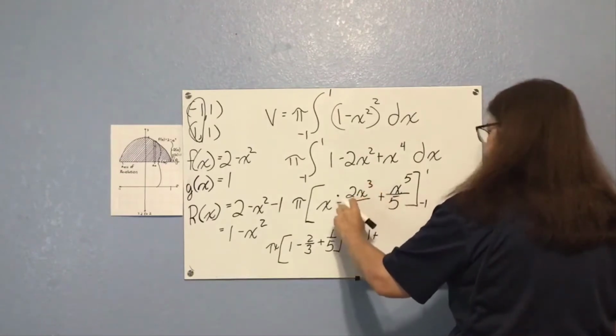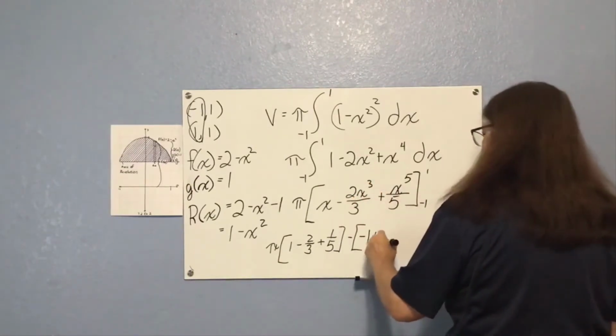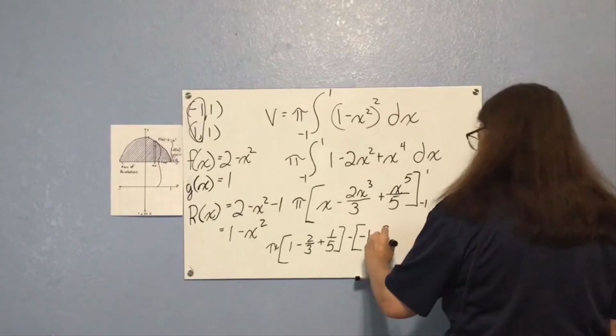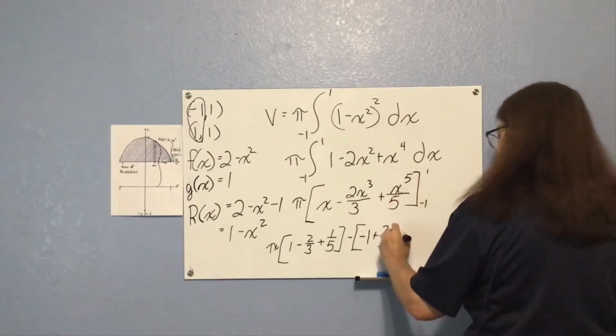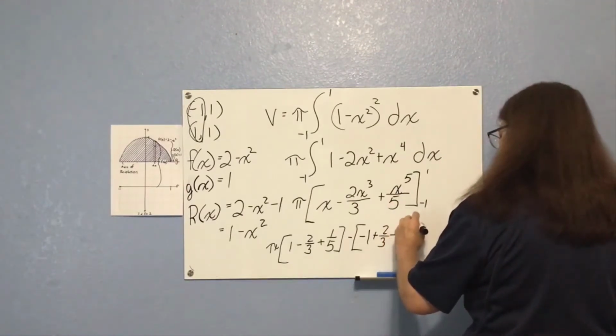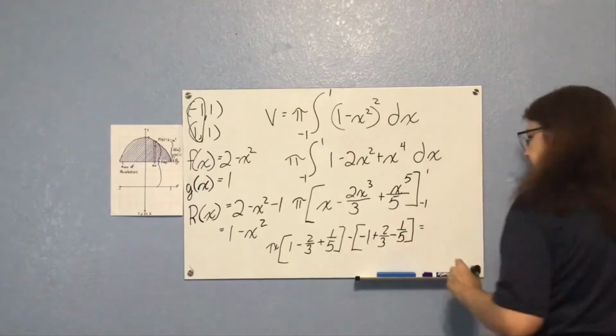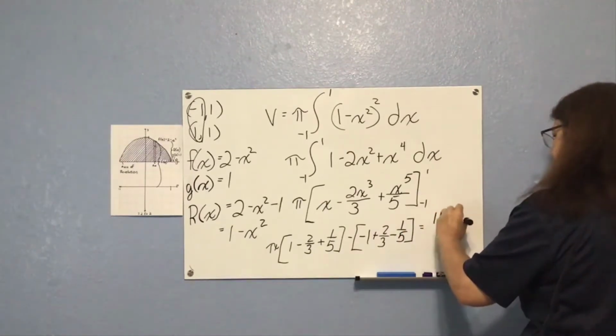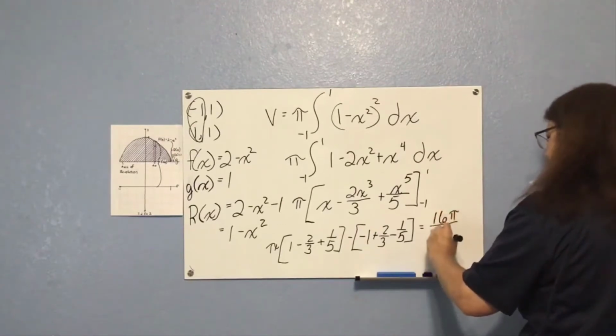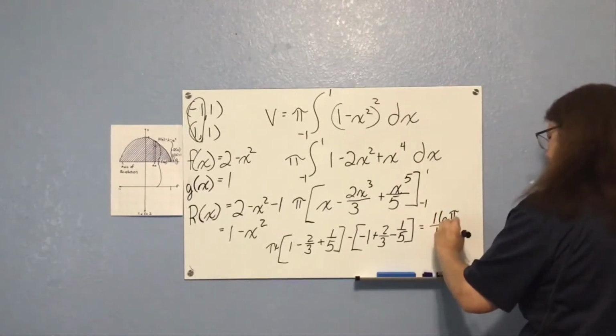The negative there will cancel it out, so it's plus 2/3, and then minus 1/5. And when we work that all out, we end up with 16 pi over 15.